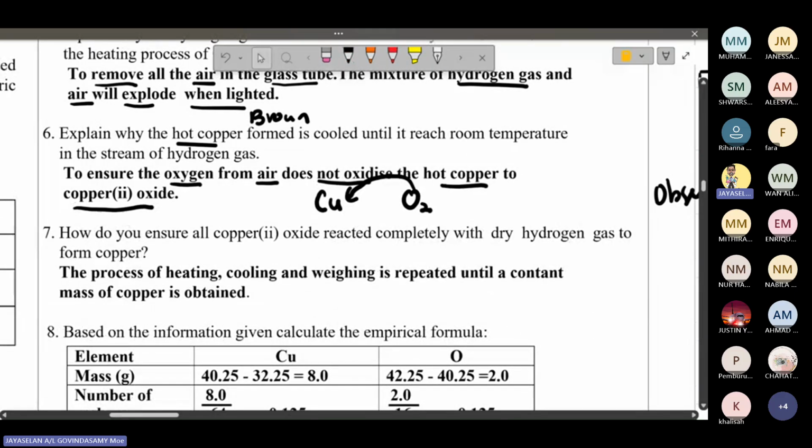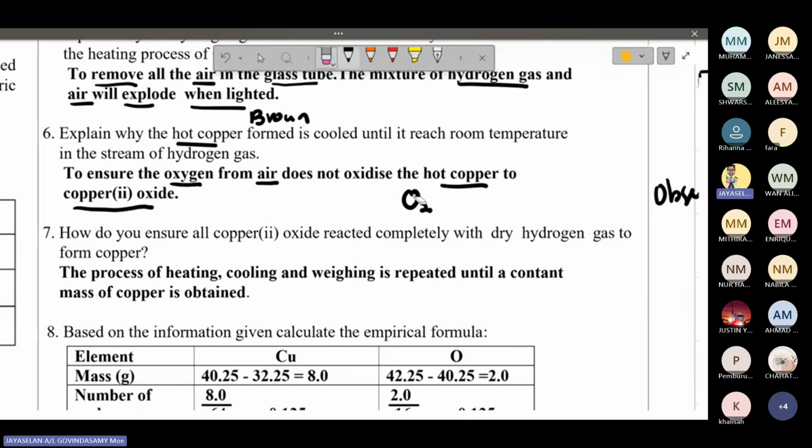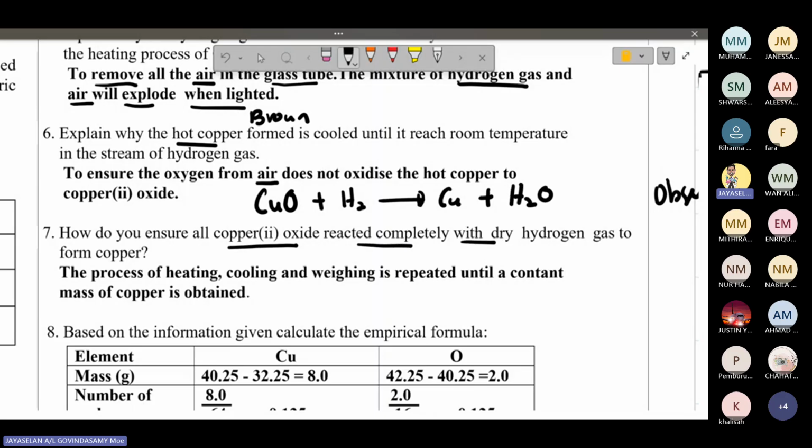Okay, now one more question. Last question. In this experiment, how do you ensure semua copper 2 oxide tukar kepada copper dan water? How do you ensure all copper reacted completely? So sama macam tadi punya eksperimen, you do what?